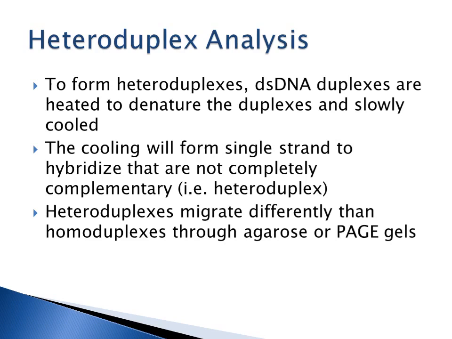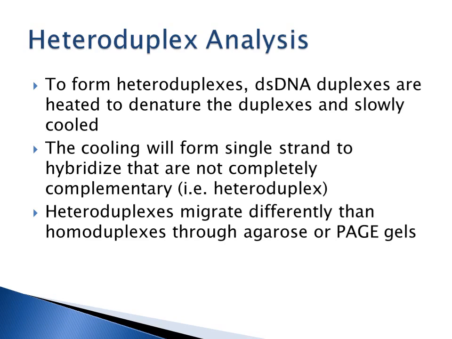Another method is heteroduplex analysis. In order to form a heteroduplex, you have your double-stranded DNA duplexes that are complementary to one another. If you heat various double-stranded DNA duplexes, they're going to denature and become single-stranded.